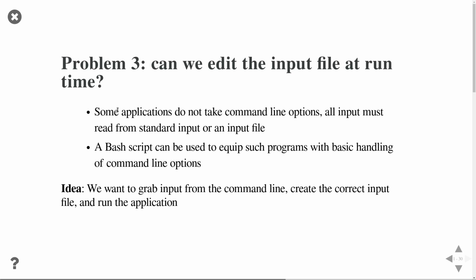The reason why this is important is because some applications simply don't take command line arguments. They really do expect an input file. And so I'll show you now how one can do that, right? We basically want to generate the input file on the fly while we run the program.